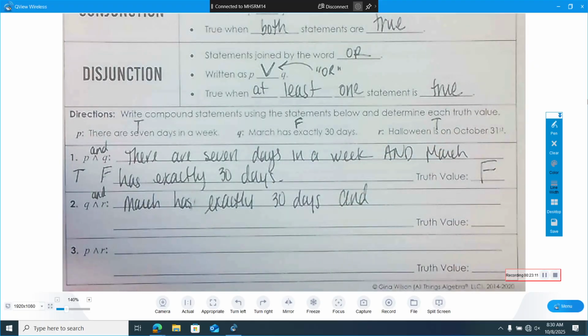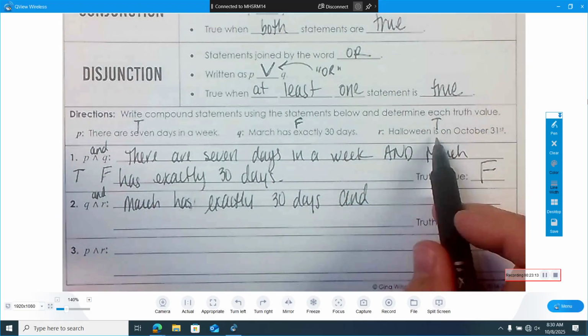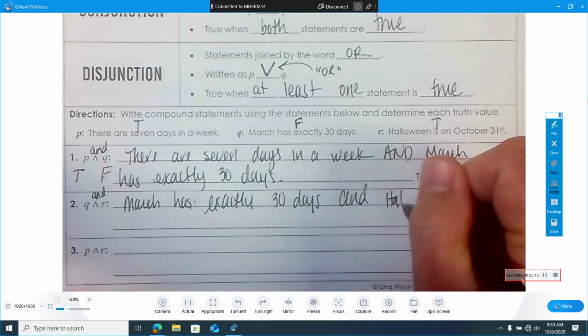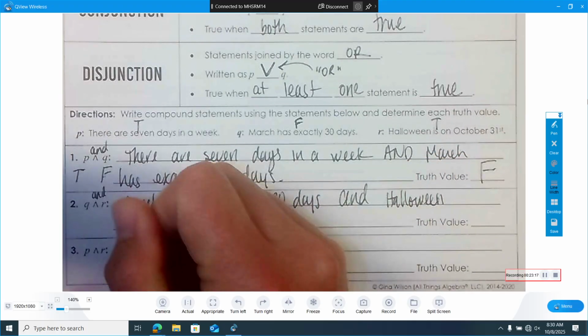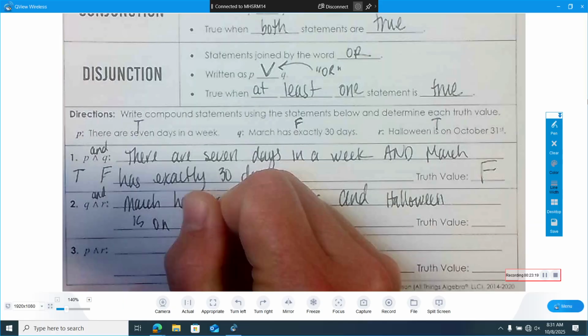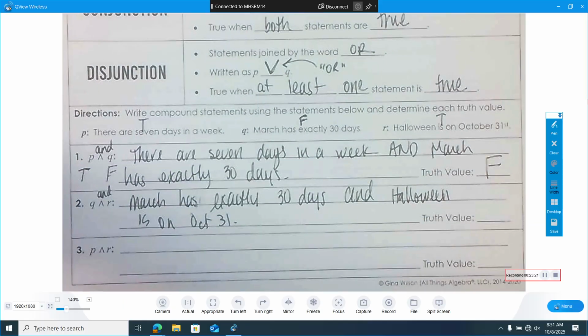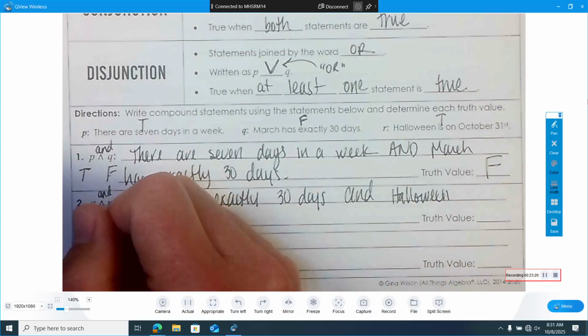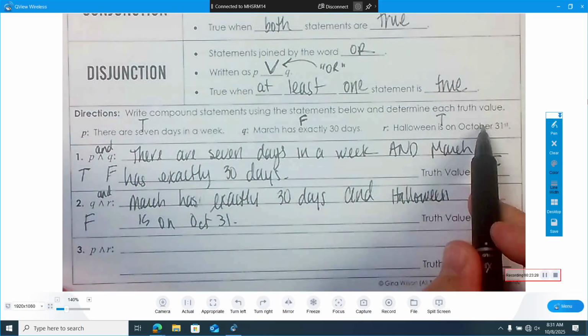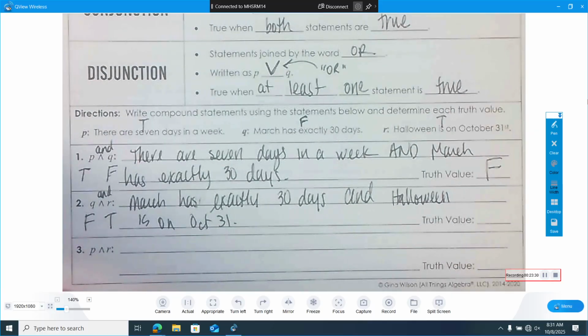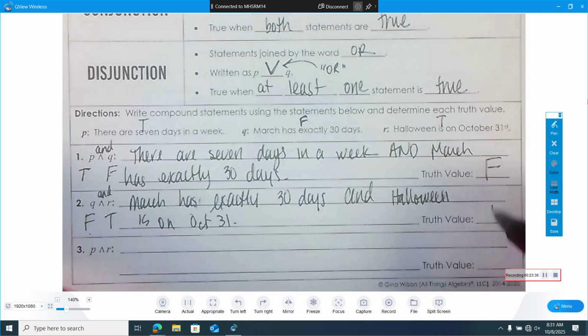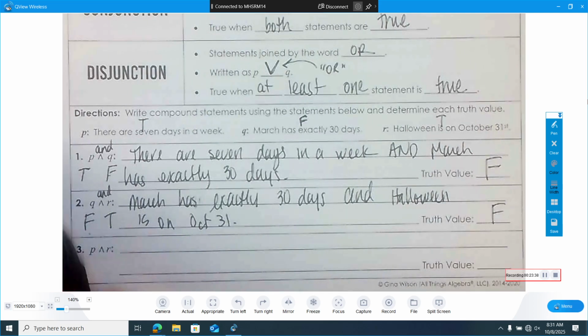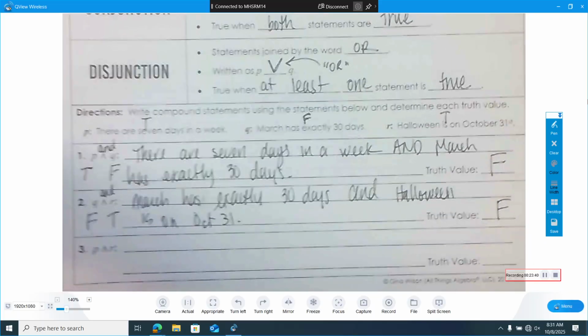And my R statement is Halloween is on October 31st. All right, we said Q, 30 days has March, is false. And the R statement we know is true. What's the total truth value for our statement? Yeah, also false. Again, everything has to be true for an and statement to be true.